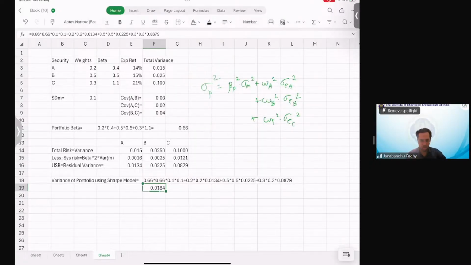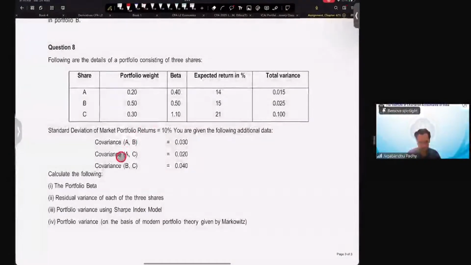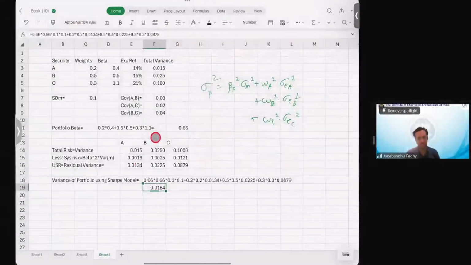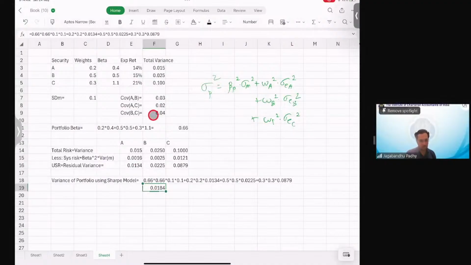Now, we already have covariance between A and B. Covariance AB, AC, and BC is given. We have to get the variance of portfolio using the Markowitz model.